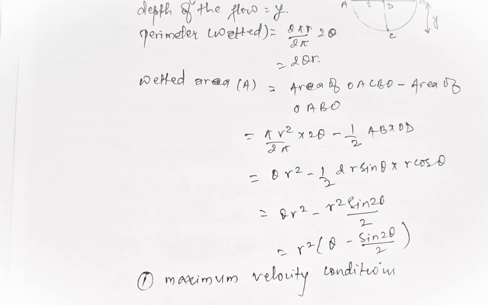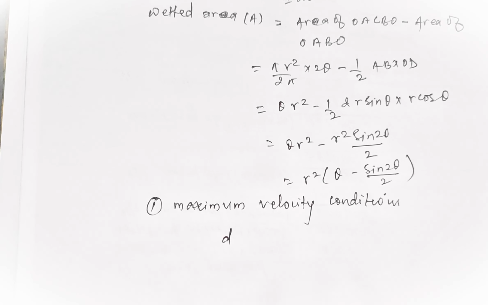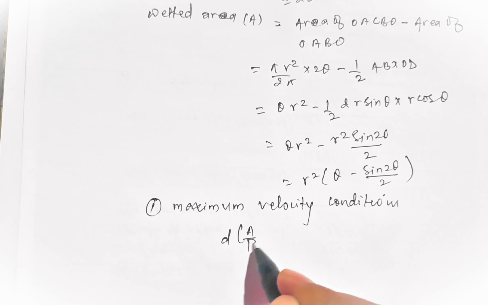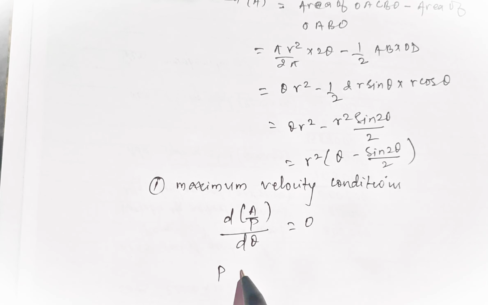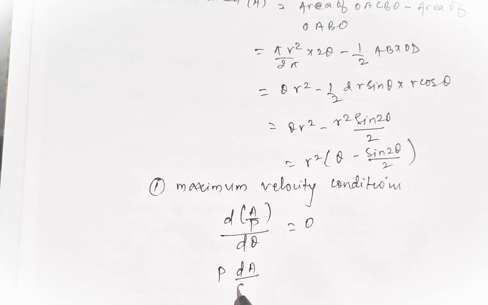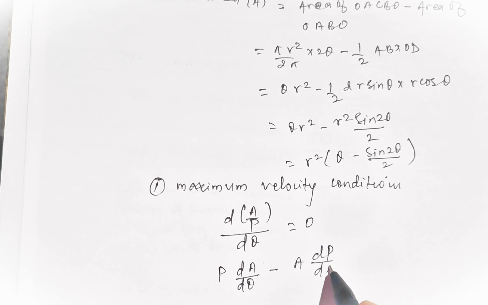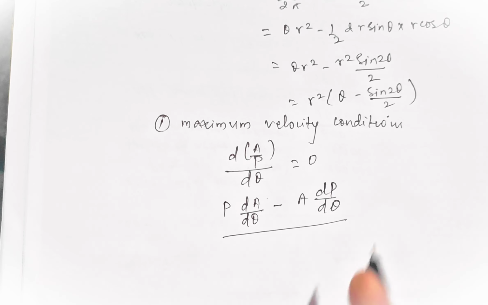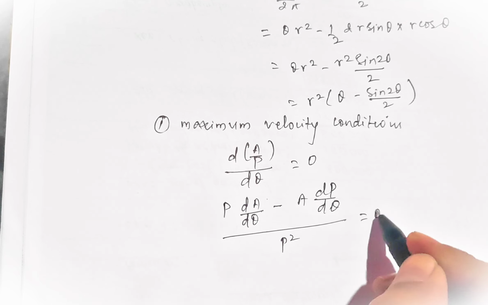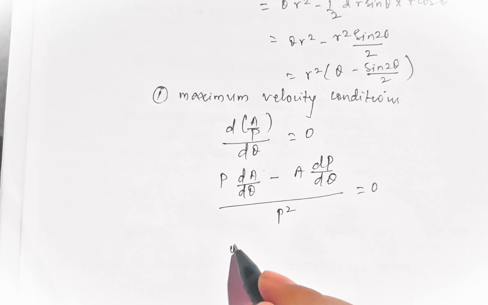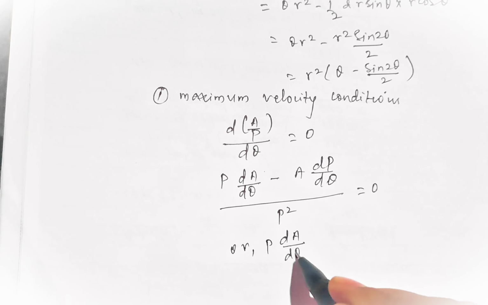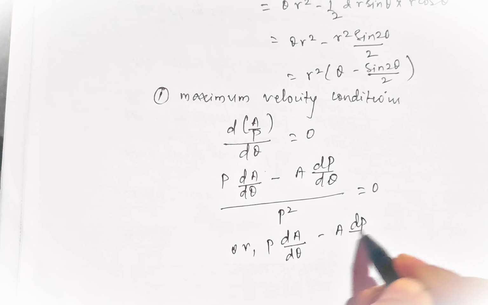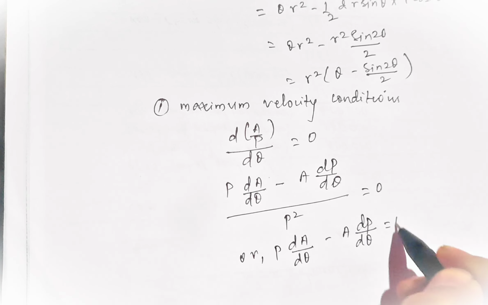In this we'll use d by d theta of A divided by P equals 0, or P dA by d theta minus A dP by d theta, divided by P square, equals 0, or P dA by d theta minus A dP by d theta equals 0.